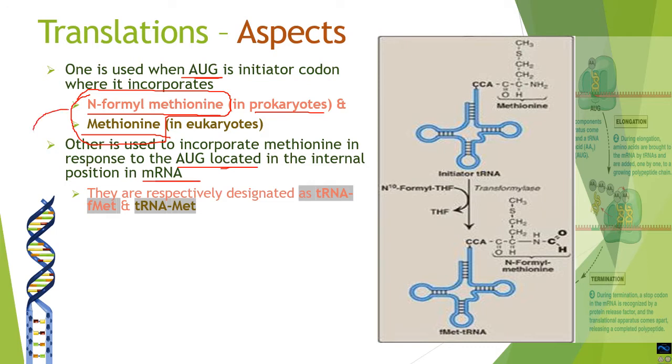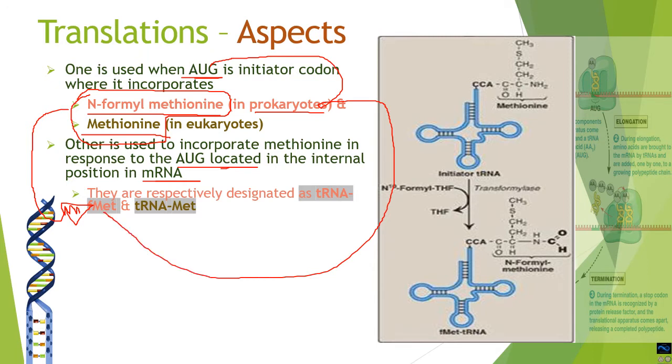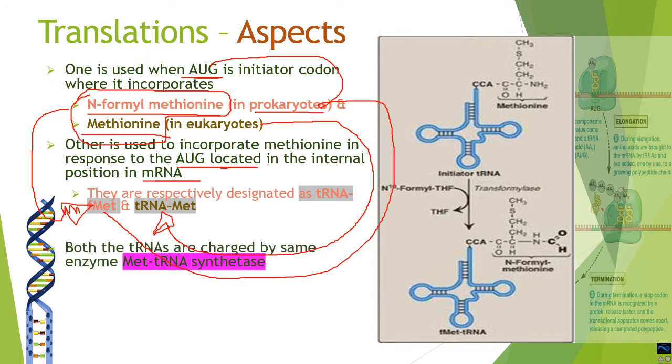Another important aspect is that the tRNA which decodes the AUG in prokaryotes is called tRNA fMet, and the tRNA which decodes the AUG in eukaryotes is called tRNA Met. The difference between them is that one carries a formyl methionine and the other carries methionine.